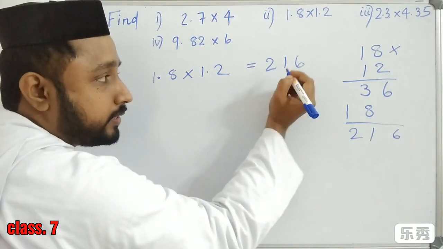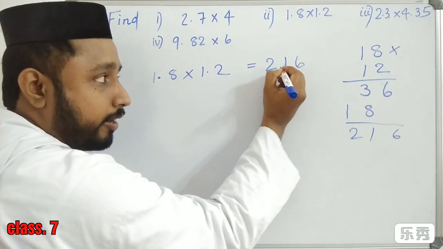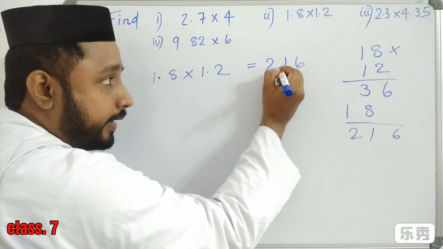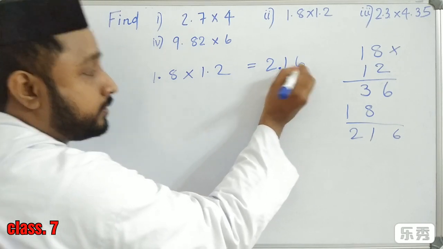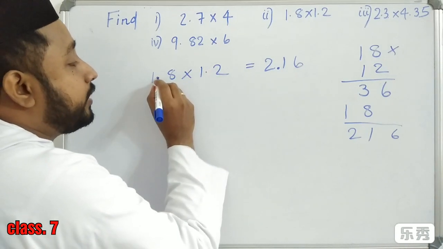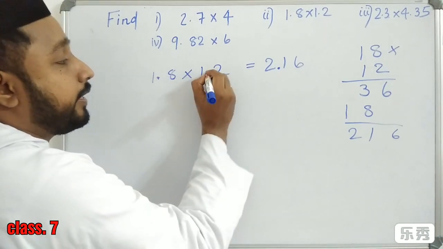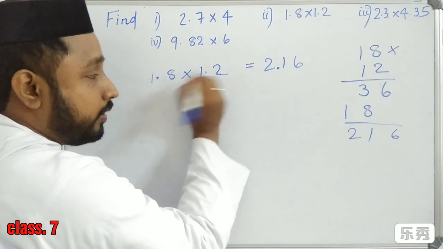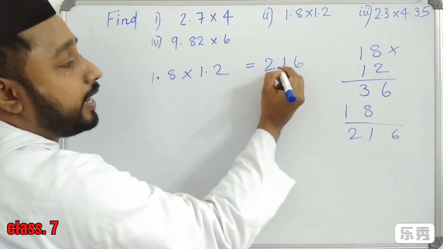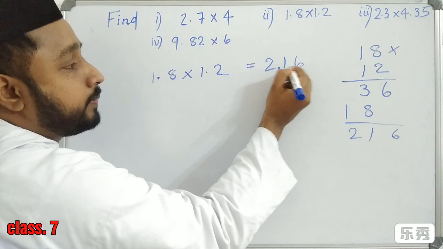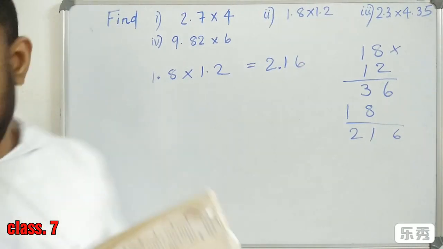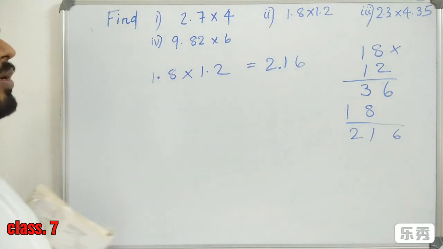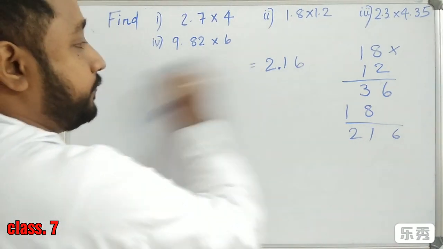So we have to place the decimal point so that after it there are 2 digits. So the answer is 2.16. Next question, 2.3 into 4.35.